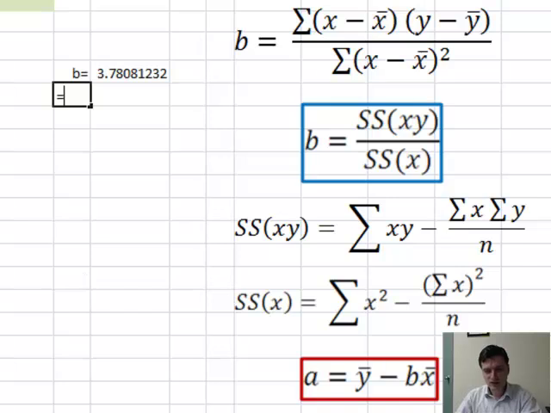The A is this formula right here, which is the mean of the output variable minus B, slope, times the mean of the independent variable.